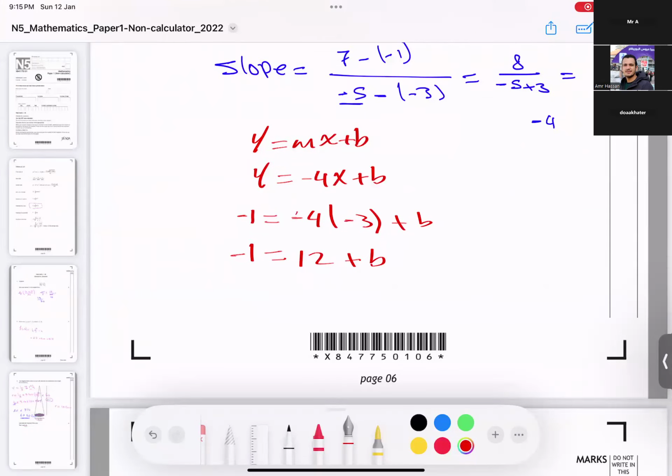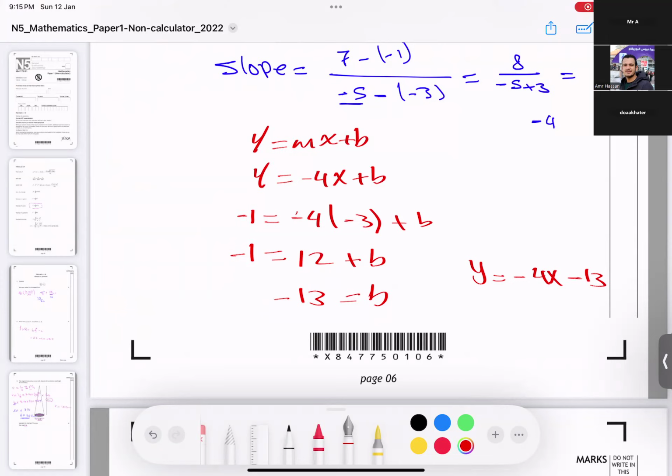So b equals... So what does b stand for? -13. Yeah, right. So let me write the equation: y equals -4x minus 13, right? Yes.